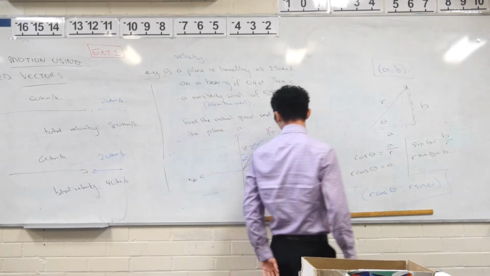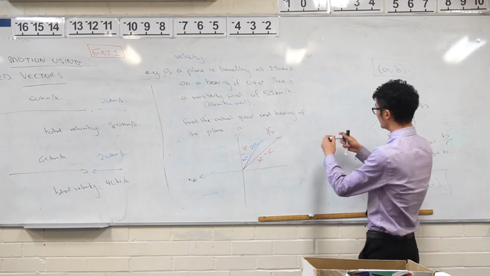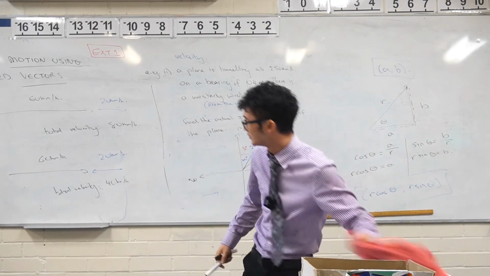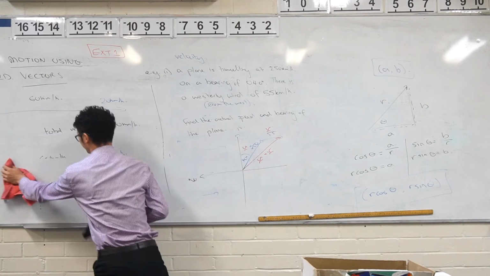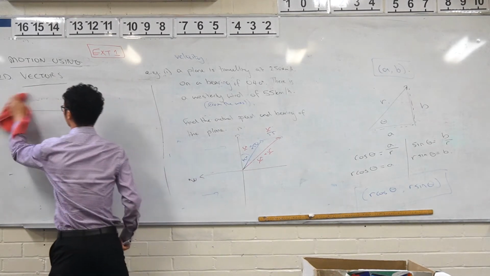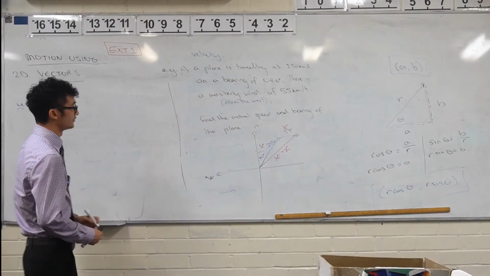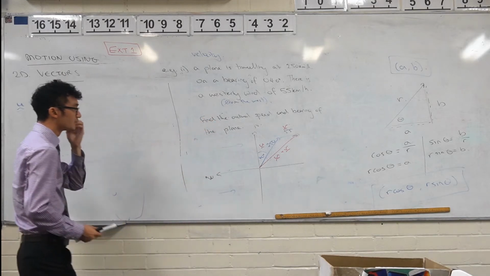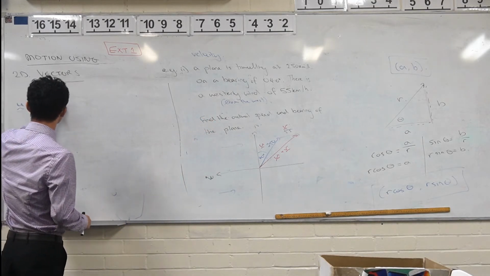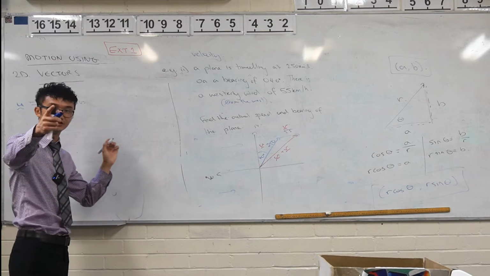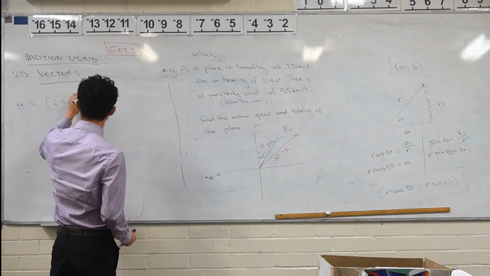So I'm looking at this, I'm thinking, okay, well, I know that u, let's do it over this side now. So the vector u, I can write it now as 250 cos, what was that, 50 degrees, Angus? Yes. Yeah.